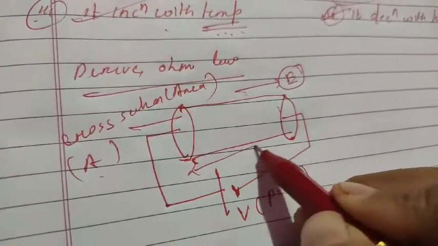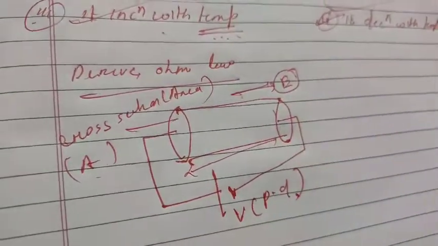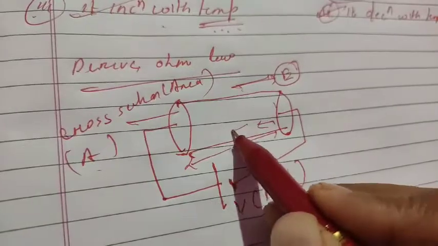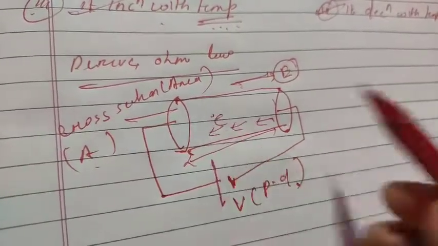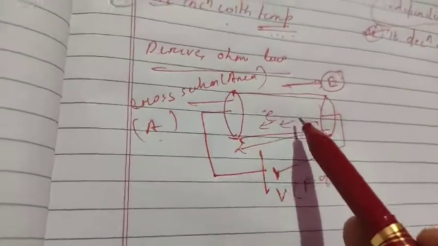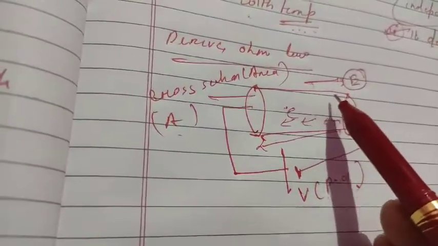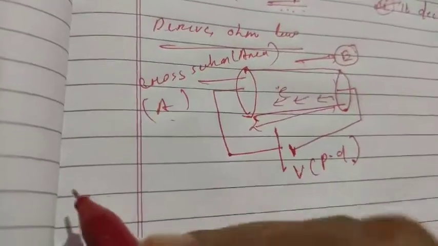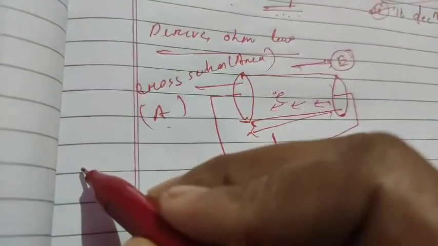And as I have told you, if the electric field is in this direction, students, the electron will be in the opposite direction. So this is the cross-sectional area A. The direction of electron is totally opposite to the direction of electric field. Now, I have told you, students, what is the formula for I?